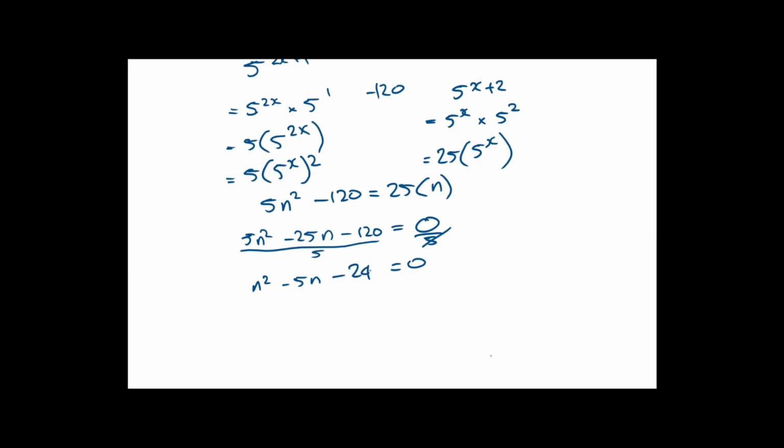So we want two numbers that multiply together to give us negative 24 and add to give us negative 5. Well, it's going to be 8 and 3: n minus 8 and n plus 3 equals 0.